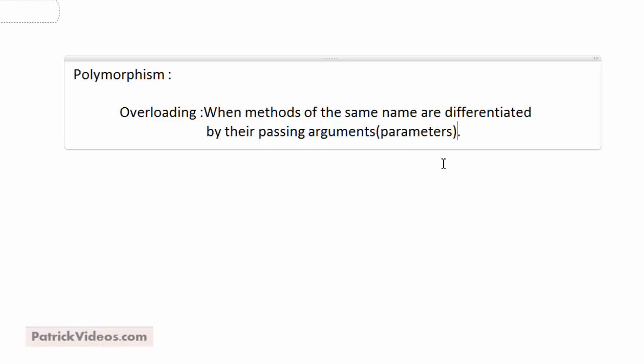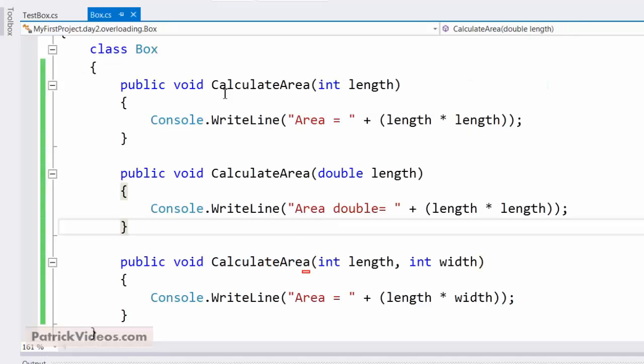So overloading is defined as when methods of the same name are differentiated by their passing arguments or parameters. One of the uses of overloading is, for example, in a gaming system, where if you press the up arrow key, the person moves forward, and if you press the up arrow and another key, the person will fire a bullet or something like that. All these key press events are likely to call the same method, like a method called key press, but depending on the number of keys or the type of keys you are pressing, it will call different methods.